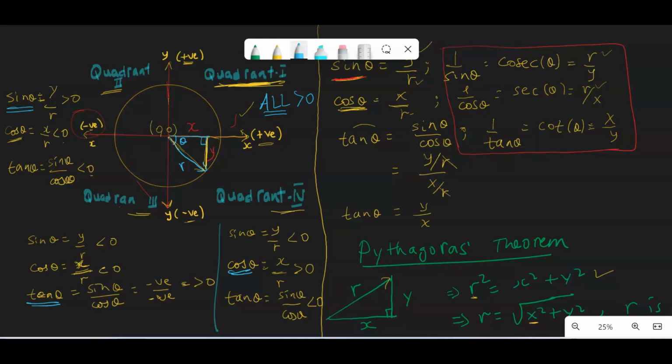So we can remember this in different ways. I would remember this as "All Students Take Calculus", like taking the first letters of all of these. All the students take calculus, or all science teachers are crazy, or whatever you want.